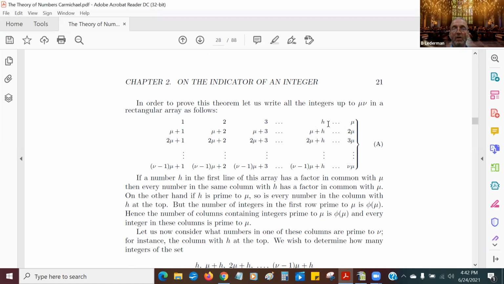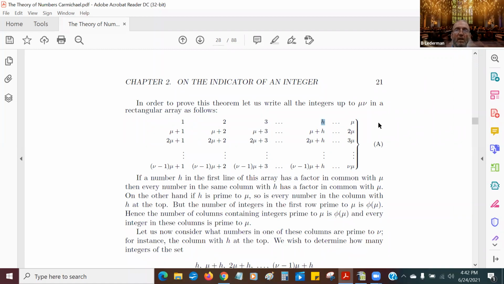So let's take a random column. Let's look at the first line, 1, 2, 3, all the way up to mu, and let's take a random number h somewhere between 1 and mu in this top line.